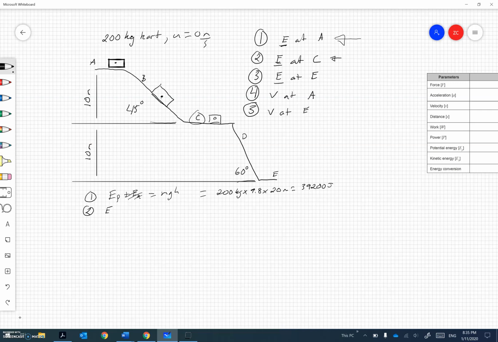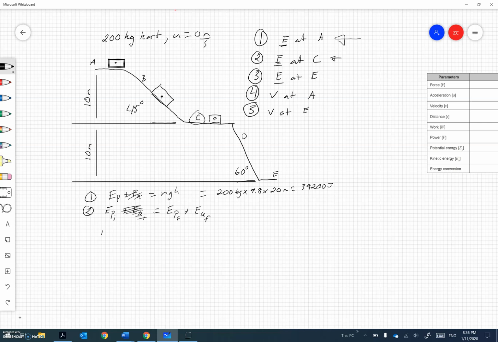Remember, the conservation of energy states that energy potential initial plus energy kinetic initial is equal to energy potential final plus energy kinetic final. Well, actually, it has no kinetic energy initially, but it does have kinetic energy and potential energy at this stage.